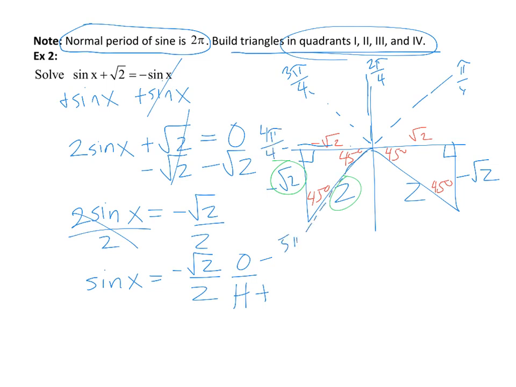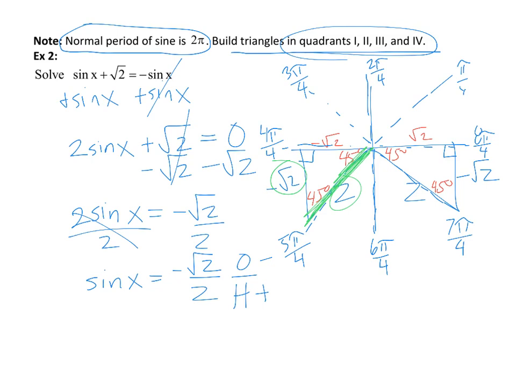This is 5 pi over 4. This is 6 pi over 4. 7 pi over 4. And then 8 pi over 4. Okay, so wherever the terminal side lands, that's your radian measure.